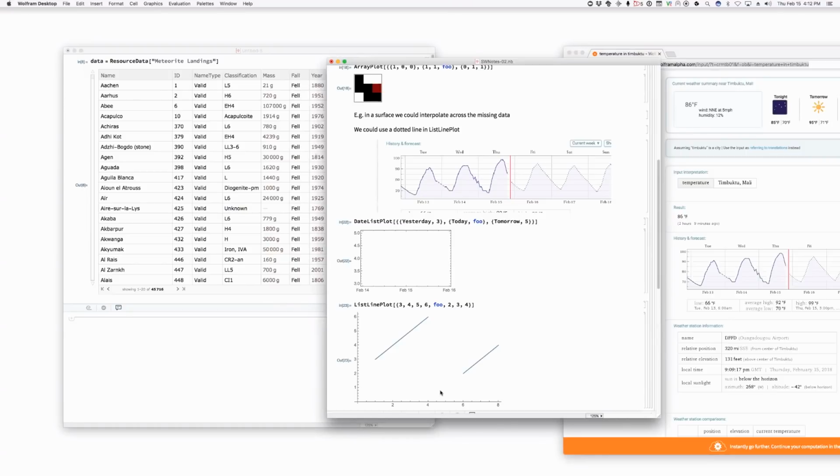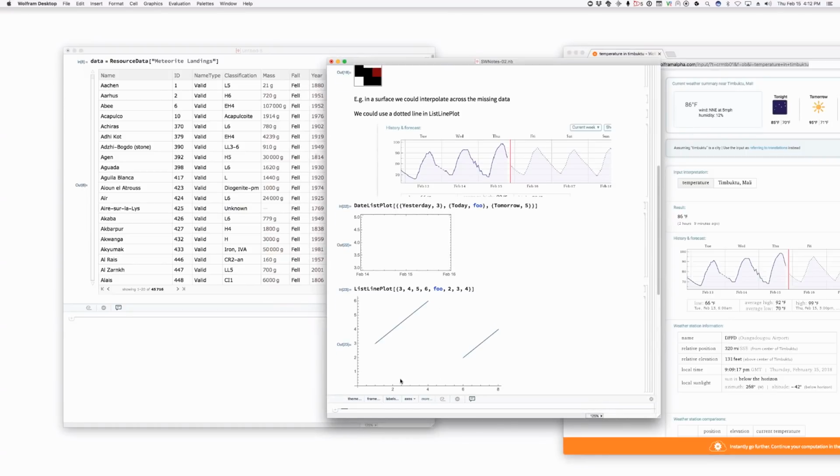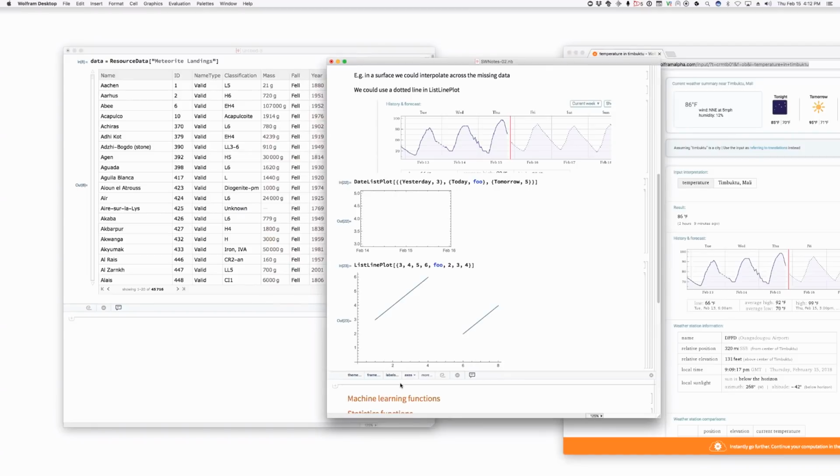Now, in the case where I do something like, what's a good example here?